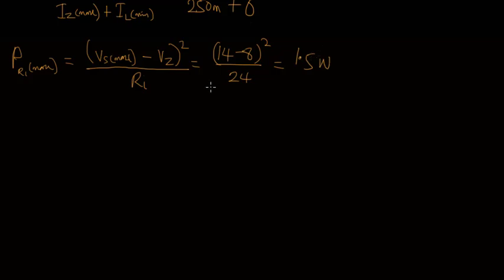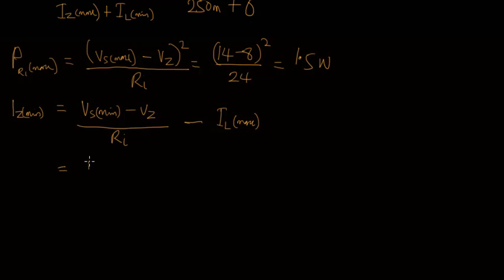The minimum Zener current Iz min is Vs min minus Vz all over Ri minus IL max. That will be equal to 11 minus 8 all over 24 minus 100 milliamp. It should be equal to 25 milliamp.